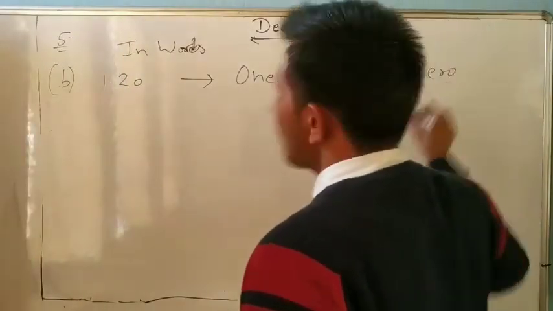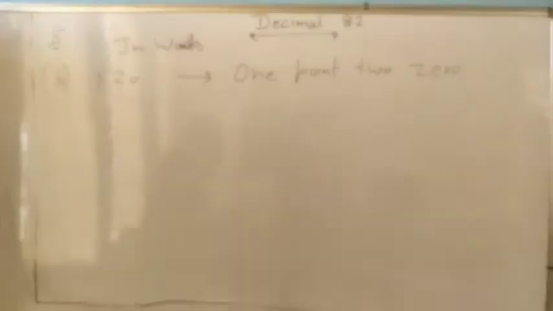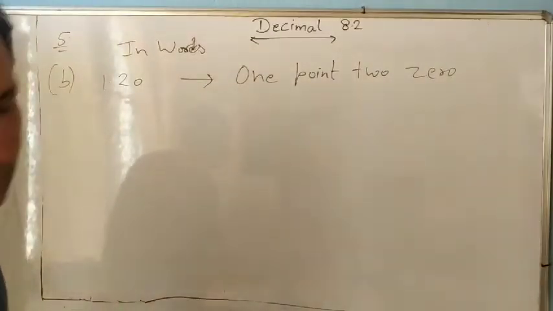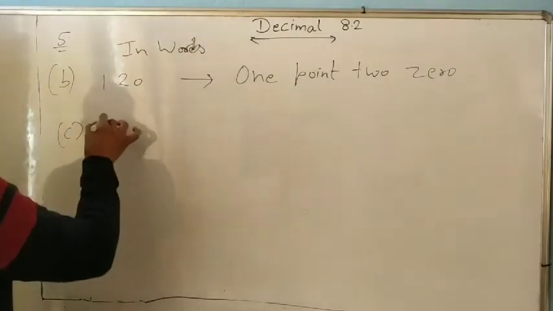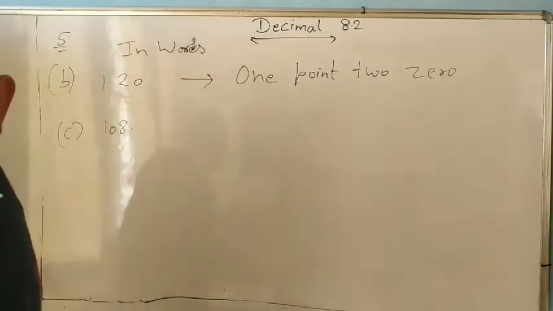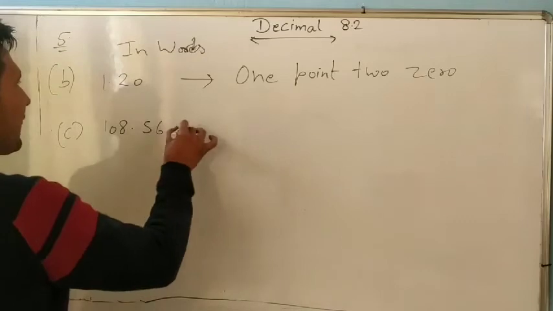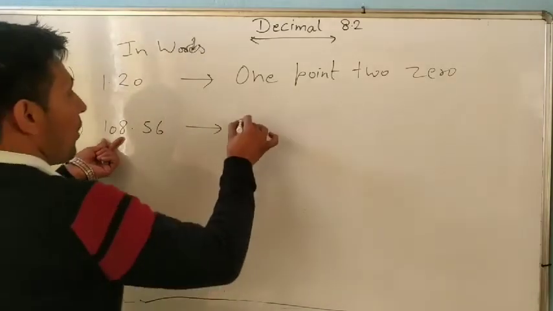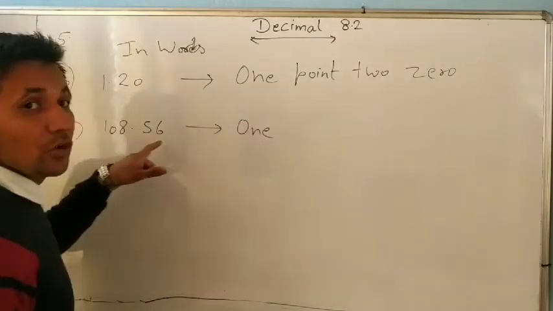One more part, C part. C part is 108.56. So we will write what is before the decimal, that is 108.